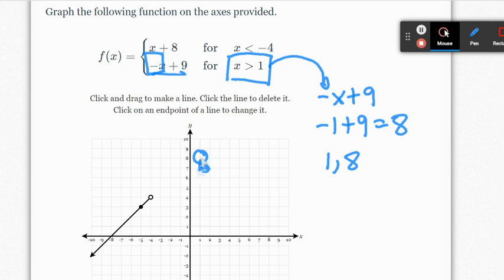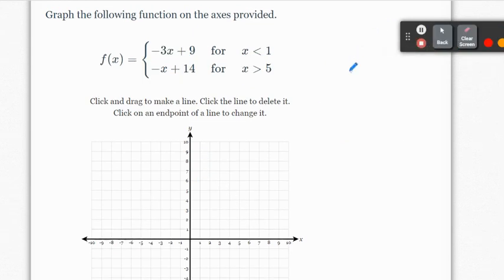So I click at 1, 8, down 1, right 1. You can do it twice if you like. Click it twice to get the arrow to appear, and then make sure you have an open dot to begin with. And that is the graph of this piecewise defined function.